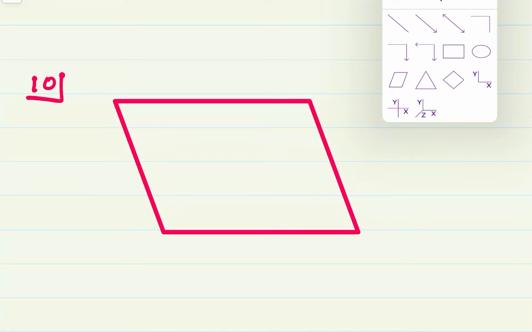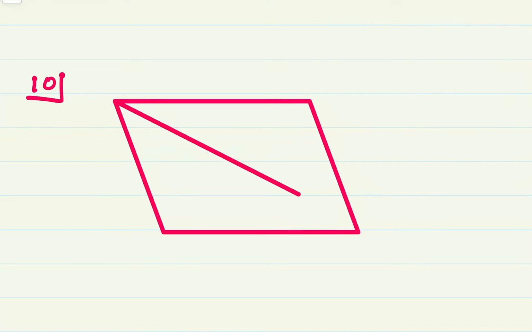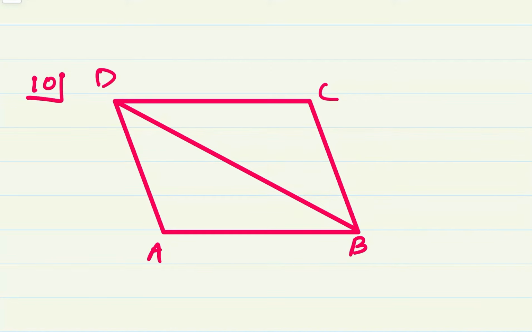We have diagonal BD, so we label it as A, B, C and D, and perpendicular from A at point P and perpendicular from C at point Q.